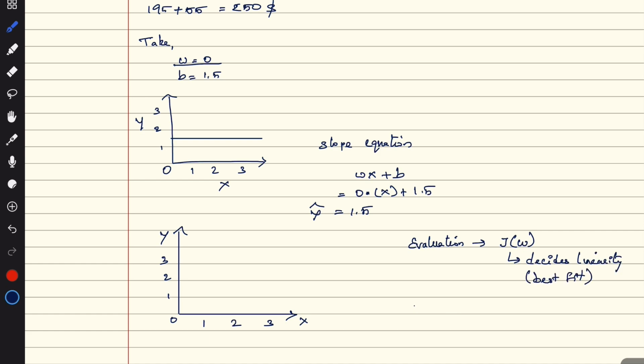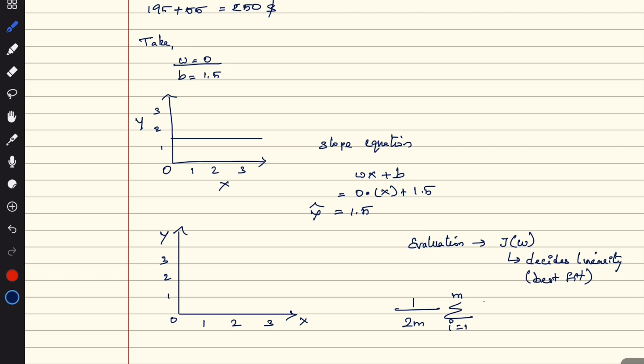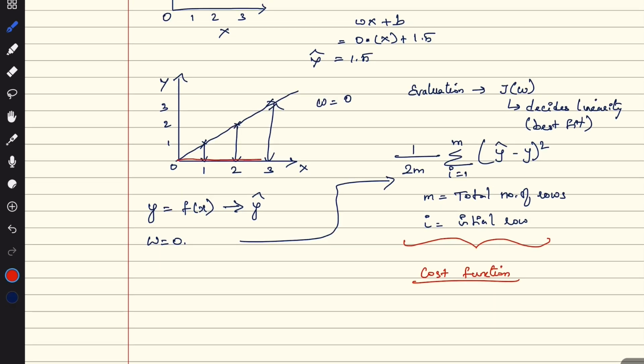So let me give you the formula for the cost function, which is 1 by 2m times the summation from i equal to 1, the first row, till m, your last row, which has m rows, of the target minus the predicted values, the whole square. If I substitute weight equal to 1, I get 0 as my cost function.